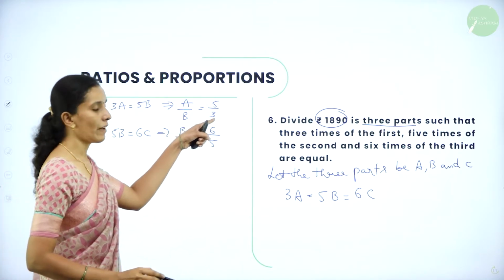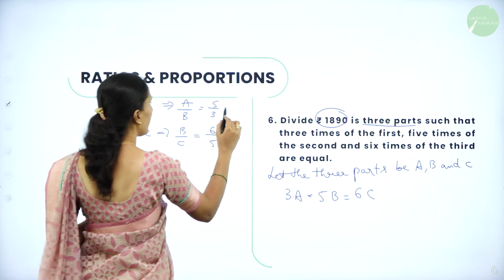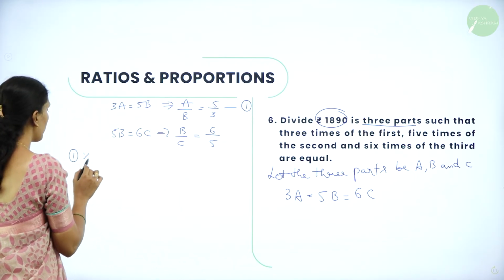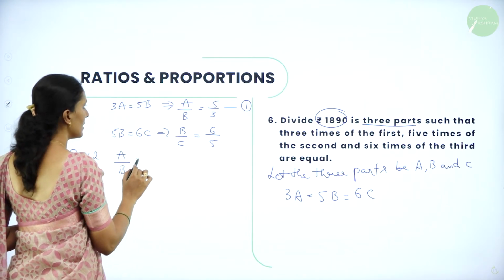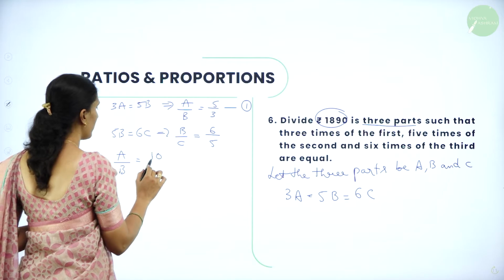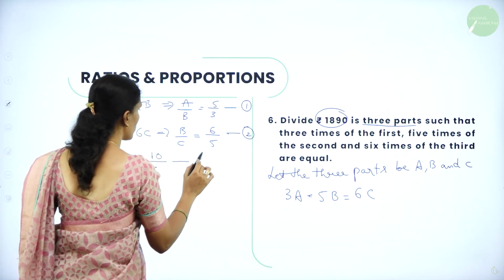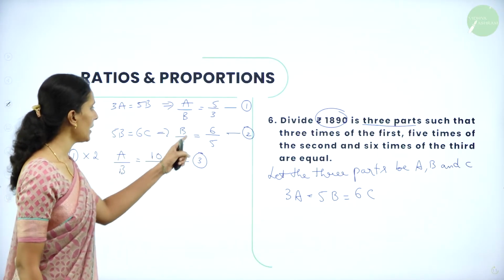So here you have the value B as 3, here you have the value 6. So what I will do, if I take this as equation 1, then equation 1 multiply with 2. So what happens? A divided by B is equal to 10 divided by 6. I'll take this as equation 2, this as equation 3. Now you can see the value of A, B and C.